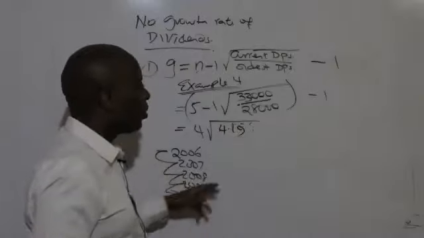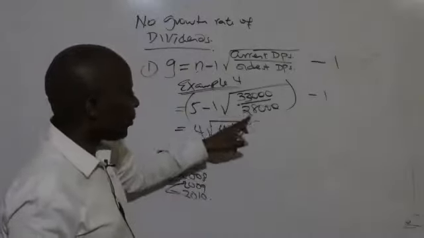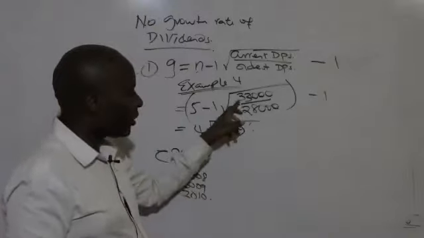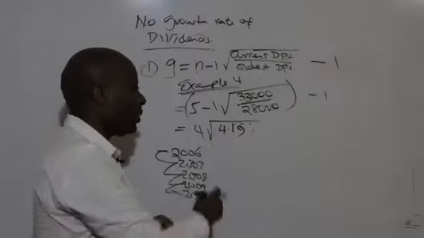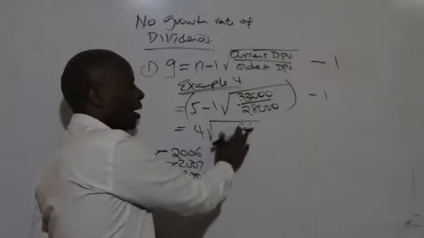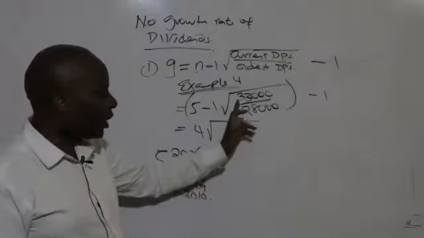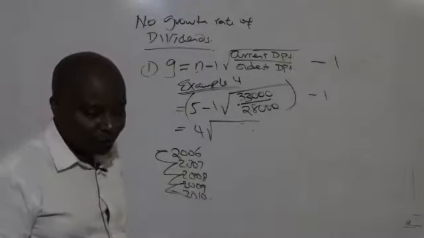It can't be 4, because 33,000 divided by 28,000, my friends, cannot be 4. Somebody give me this, 33,000 divided by 28,000 is what here?